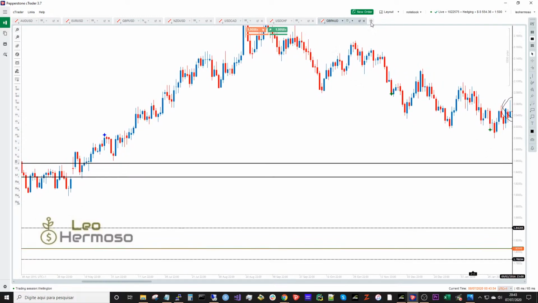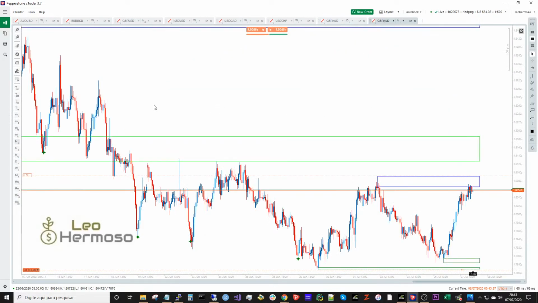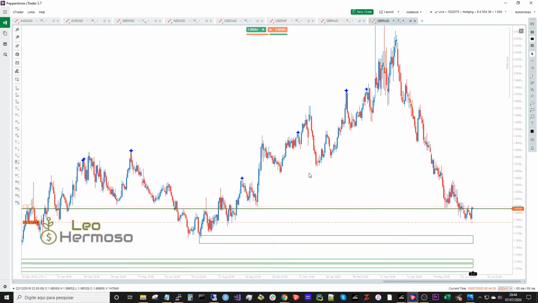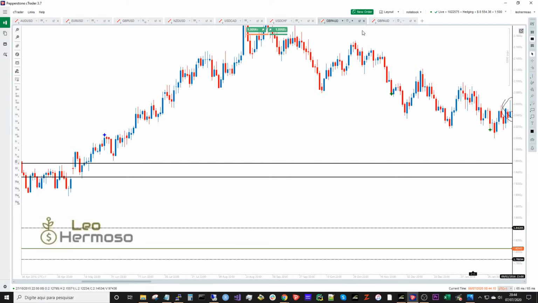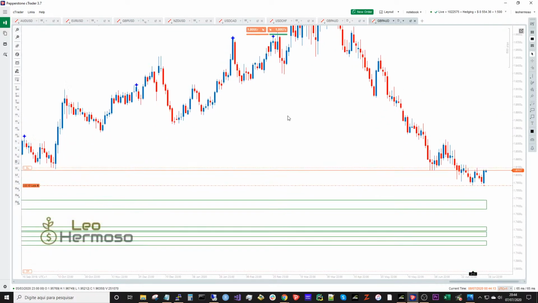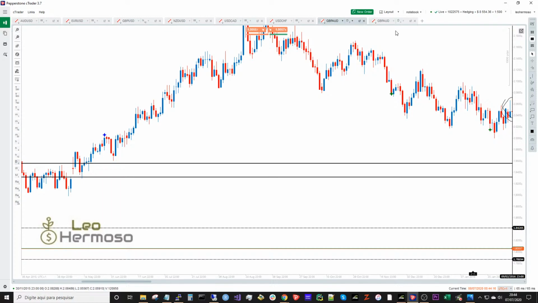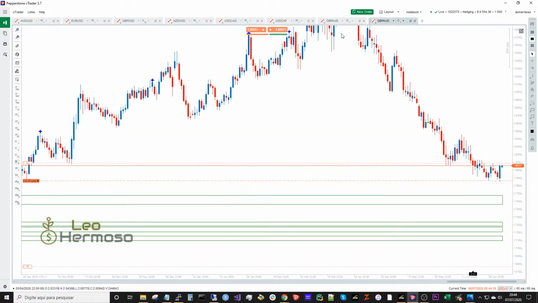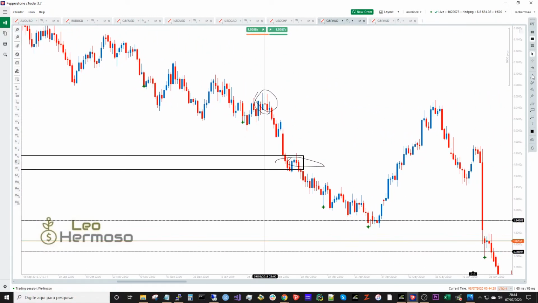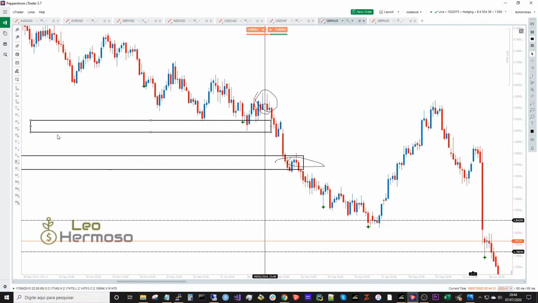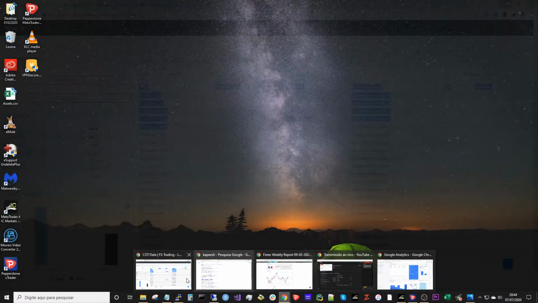And if you look right here, this is even more, friends, check this. I'm going to put the daily. Can you say that this is a similar scenario to what we have right now? Check this. So I think we are about to see more downside.